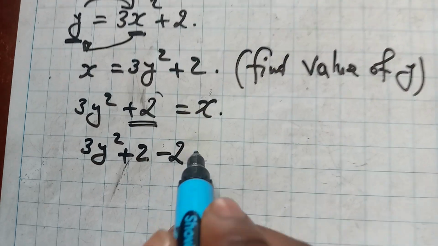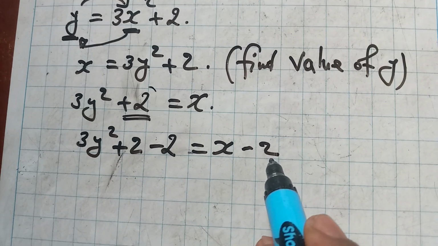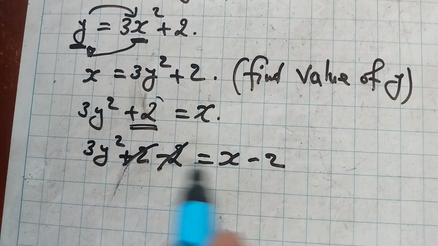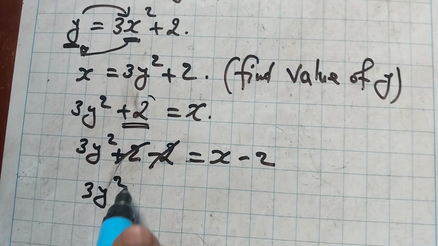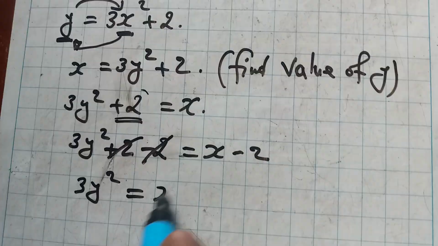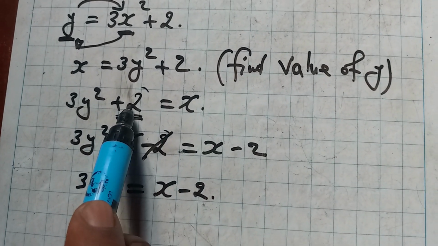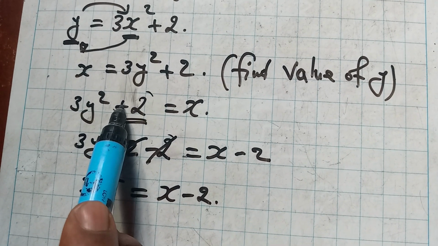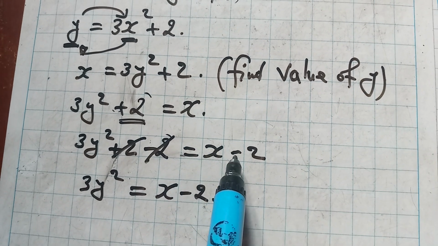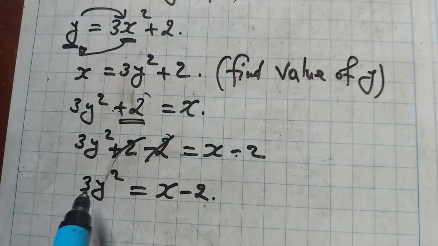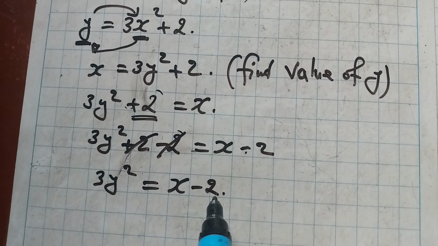So it becomes x minus 2. We subtract the 2 here and subtract the 2 here, so now this is 0. This is the same as taking it from the left hand side with the positive sign, and when it reaches the other side, it gets a negative sign. So we have 3y squared equal to x minus 2.